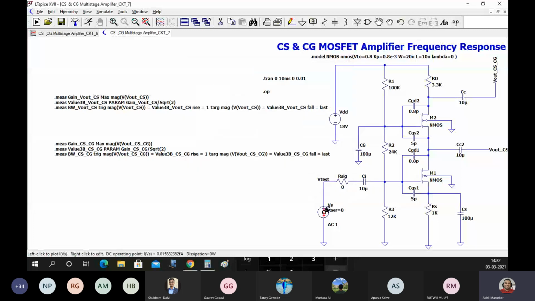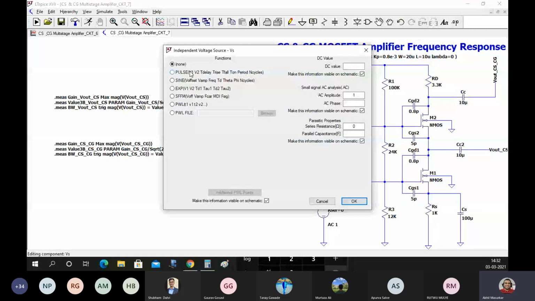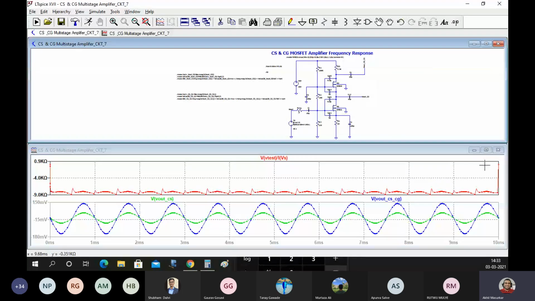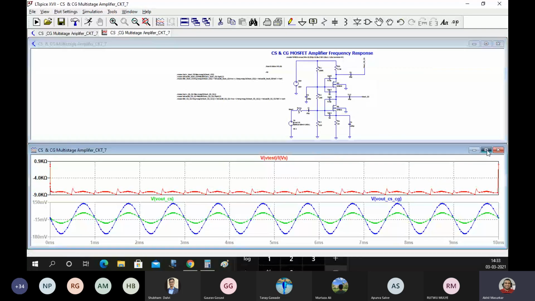Okay, and now you will have to give some sine wave here, so that you can view it as hertz. We run this, so this thing will not make any sense.